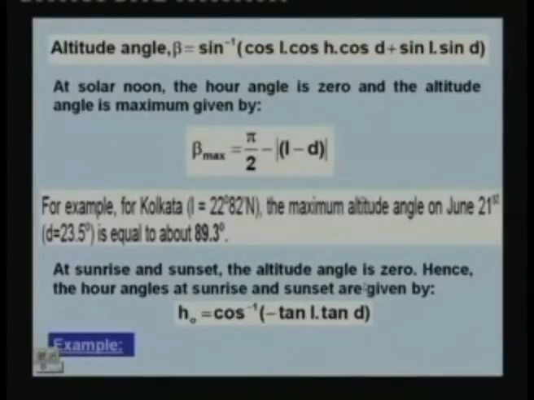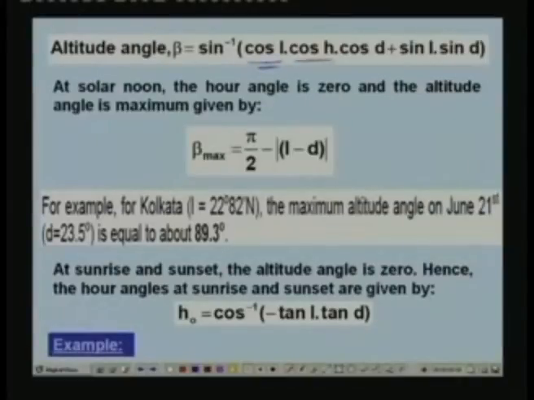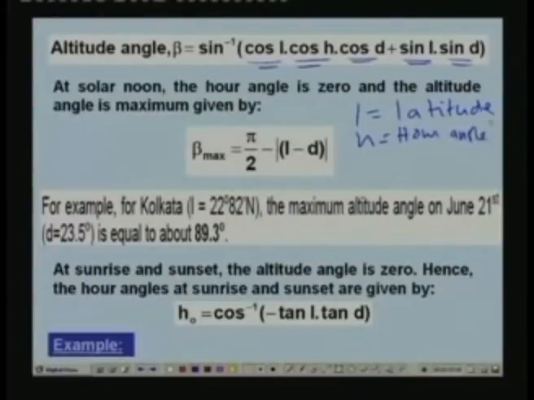So, altitude angle beta: it can be shown that beta is equal to cos L multiplied by cos H multiplied by cos D plus sin L multiplied by sin D, where L, as I have already discussed, is latitude, H is hour angle, and D is declination.